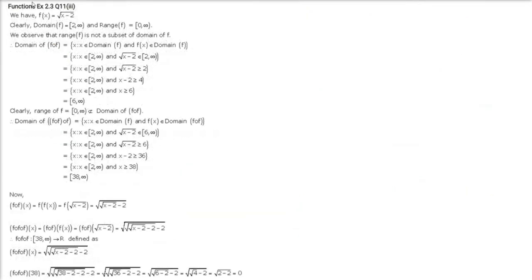Then the other one is f square. We have to find out FOF of 38. Here we have already defined FOF, and the domain is 38 to infinity. Now FOF of 38 will be under root of under root of under root x minus 2, minus 2, minus 2. So now we will just put the final values.